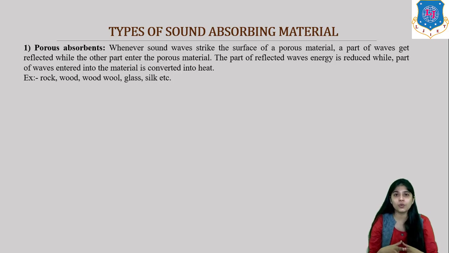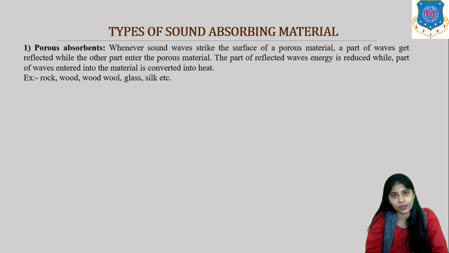In theaters, walls are covered by porous materials, and even seats and staircases are covered with them. They are the best sound absorbing materials, and the most commonly and widely used, conventional porous sound absorbing materials.